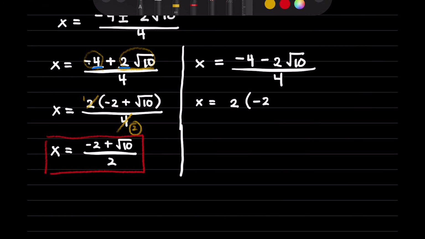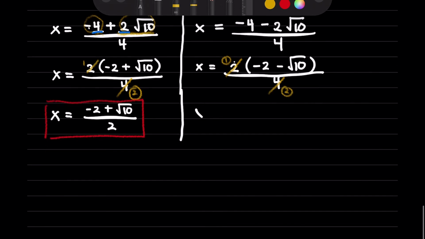Negative 2 divided by 2, that's negative 1 square root of 10. All over 4. And then, simplify natin. So, simplify. Magiging 1 ito and magiging 2 ito. So, we have x equals negative 2 minus square root of 10 all over 2. So, eto na yung ikalawang roots natin.